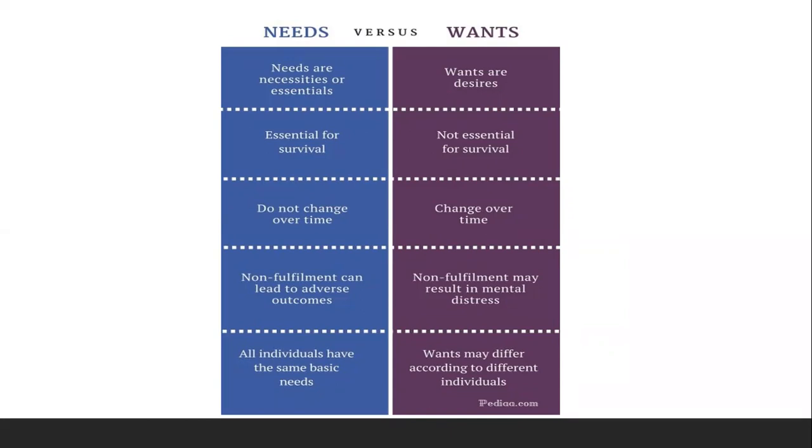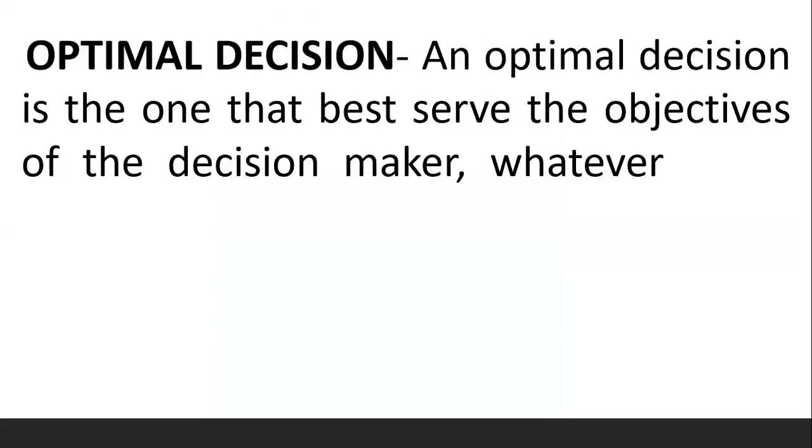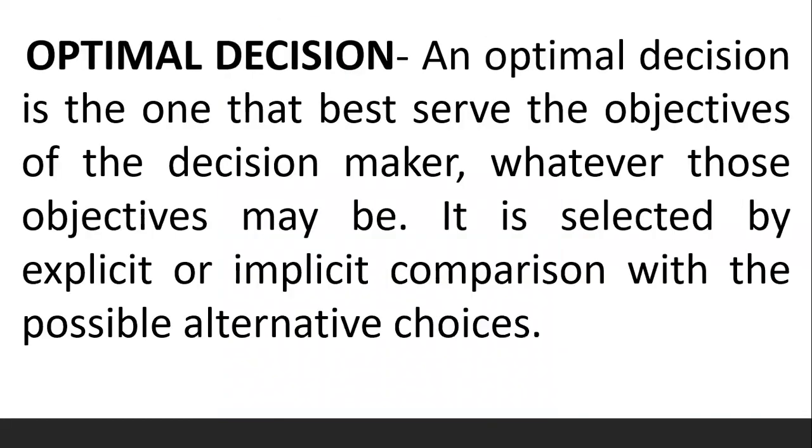These wants are desires. They are not actually essential for our survival, and they can change over time. Optimal decision: an optimal decision is the one that best serves the objectives of the decision maker, whatever those objectives may be. It is selected by explicit or implicit comparison with a possible alternative choice.